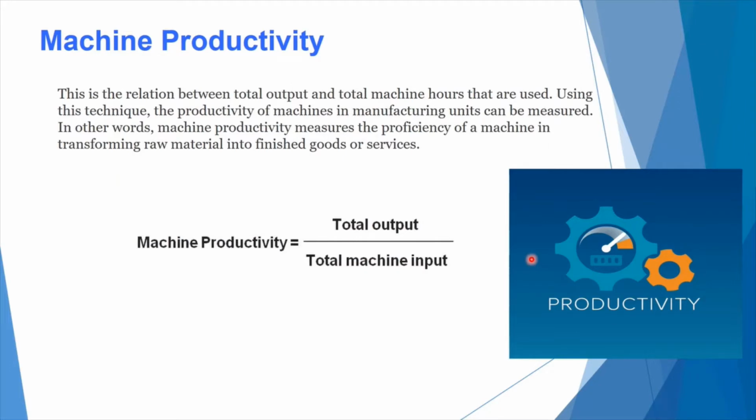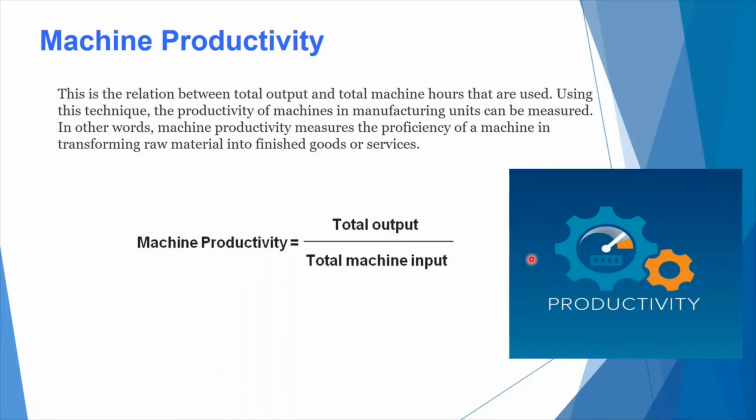Machine productivity. As we saw earlier, machines are a major factor of manufacturing and production. That's why we have to use the productivity of machines: how productive the machines we have are. Machine productivity is the relation between total output and total machine hours that are used.